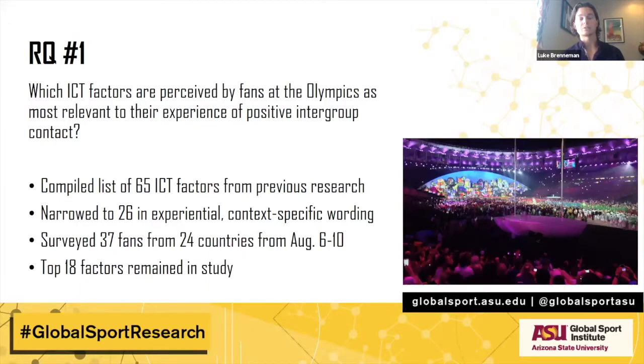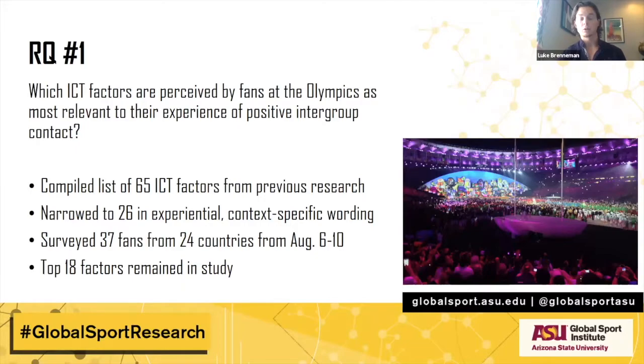So getting into it now, research question 1 was, which intergroup contact theory factors are perceived by fans at the Olympics as most relevant to their experience of positive intergroup contact? And so I had to narrow down the list that has been found over the past 6 or 7 decades empirically of these factors that are shown to reduce intergroup prejudice and foster positive experiences between people of different group identities.